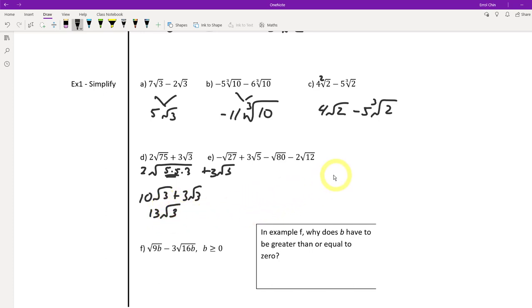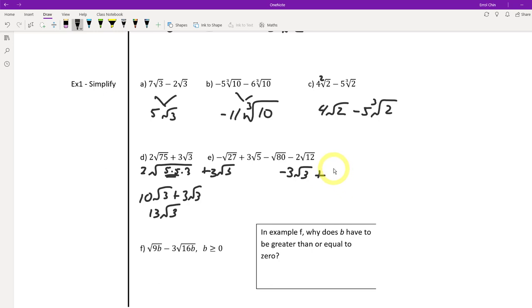So moving on, I know that I'm running out of space. Negative square root 27 plus 3 square root 5 minus square root of 80 minus 2 root 12. Right at this moment in time, it doesn't look like you can add or subtract them, but if you simplify them into mixed radicals. So negative square root 27, I'm not going to bother showing you, but I know that 27 is 3 times 3 times 3, so I can pull a pair of 3's out, so it'll be negative 3 root 3 plus 3 root 5.